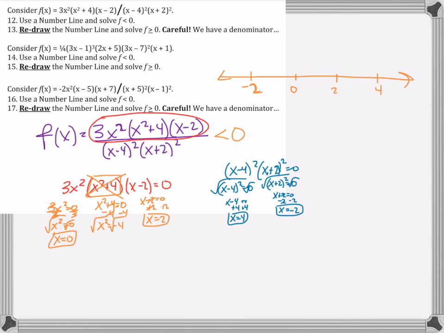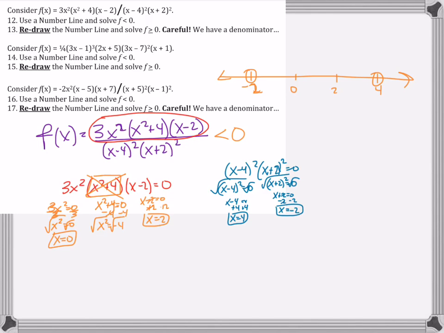Okay, now, in my graph, whenever I have domain issues, which is what I did in blue here, I cannot include those. So on my number line trick here, I need to put open circles on negative 2 and 4, right? Because when I write my intervals, I need to remember I cannot include negative 2 and 4 because that would make my denominator undefined or my whole function undefined.